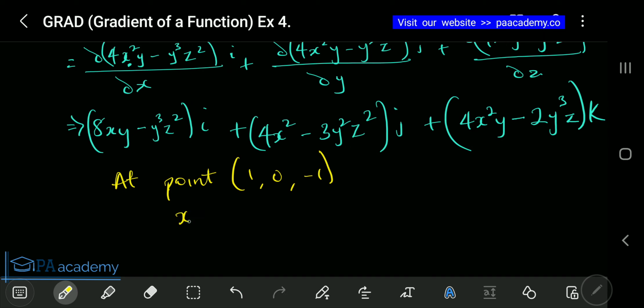That means our x is equal to 1, our y is equal to 0, and our z is equal to minus 1. So let's put in those values into this.